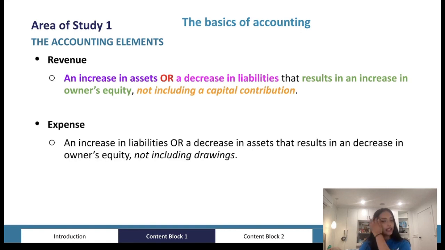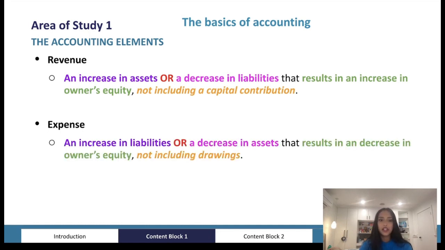And then we have an expense, which is almost the opposite of a revenue. It's an increase in liabilities or a decrease in assets that results in a decrease in owner's equity, not including drawings. So once again, like a revenue, it'll either be an increase in liabilities or a decrease in assets. It can't be both.